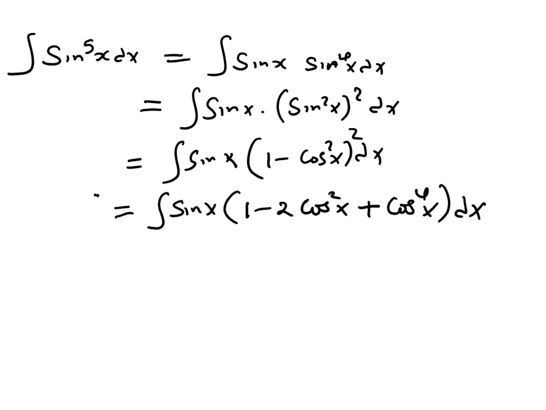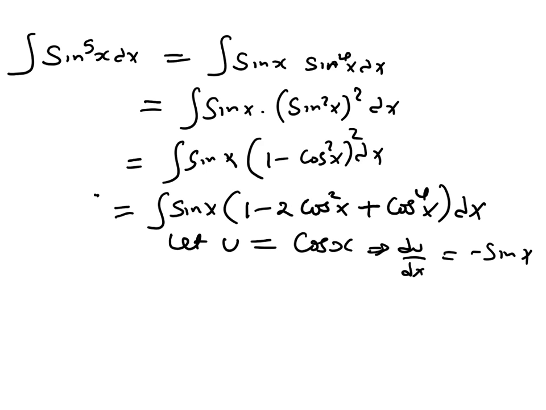Now at this stage, just let u equal cos of x. So it will mean that du by dx is negative sine of x. And if you make dx the subject, it will give you du over negative sine of x.